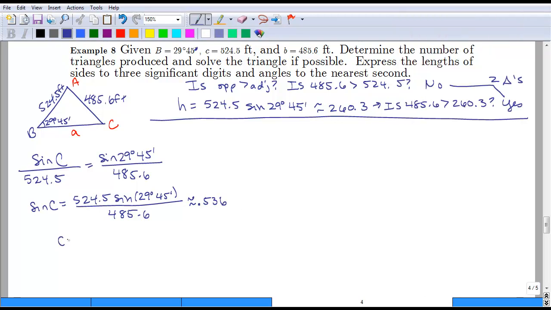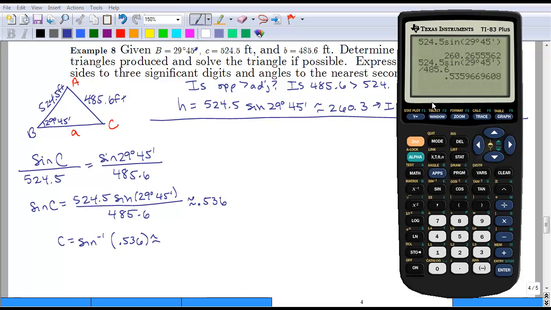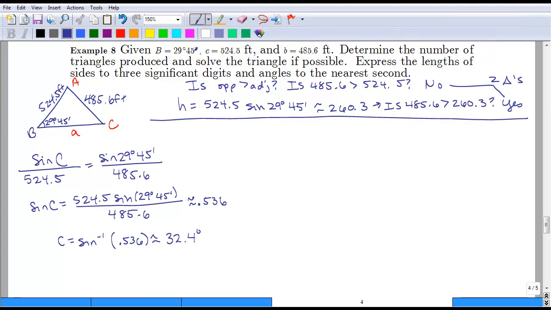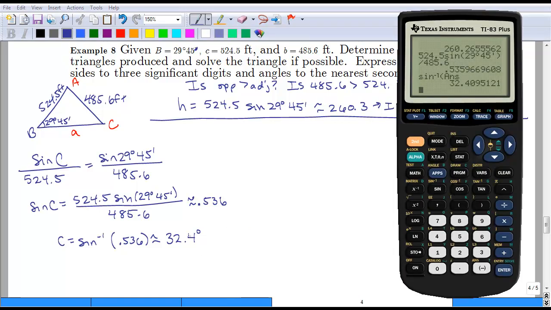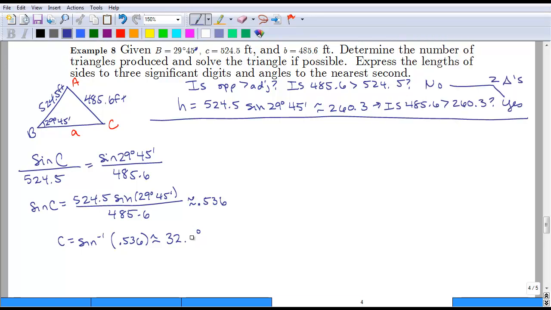And to find C then, we are going to take sine inverse of that 0.536, and we are going to use the second answer option. So we've got sine inverse of second answer, and we're going to get 32.4 degrees. Okay, we want to convert that over to degree minute seconds. So again, we hit second angle, degree minute seconds, and we get 32 degrees, 24 minutes, 34 seconds.